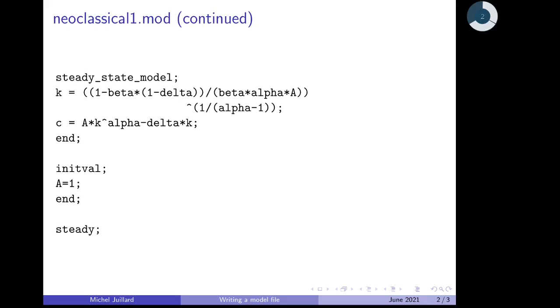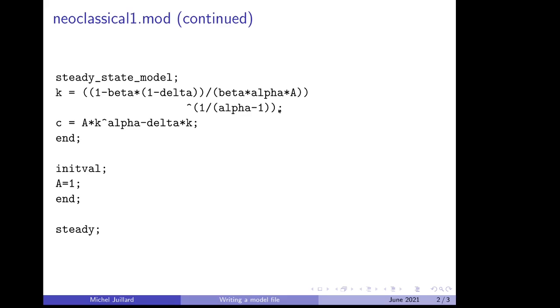You remember that when we discussed the model, we used algebra to derive the steady state value for K and C for a given value of A. Here, we write that K is equal to 1 minus beta times 1 minus delta over beta times alpha times A, the entire ratio at the power of 1 over 1 minus alpha.